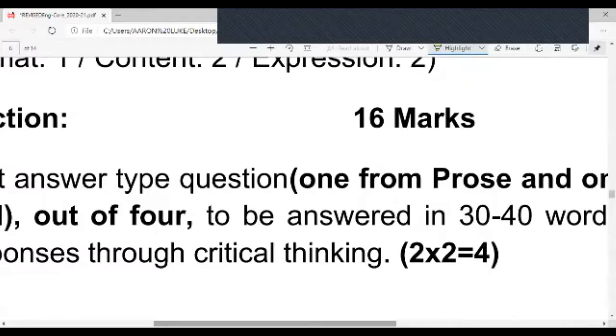So I think 3 extracts will be given, of which you have to write 2 extracts. Under each extract, there will be 2 questions, descriptive kind. Each question carries around 1 mark. So 2 extracts, that is 2 into 2 equals 4 marks.